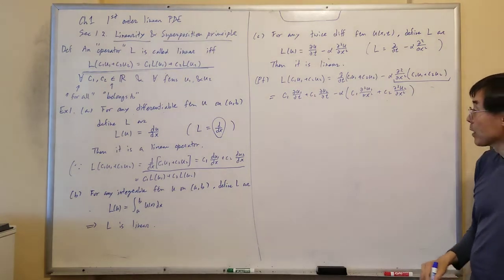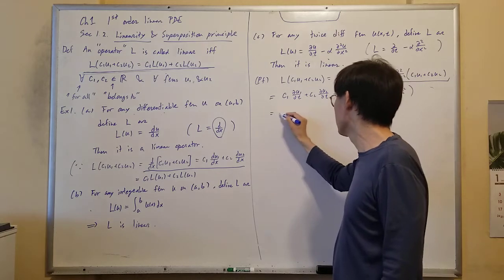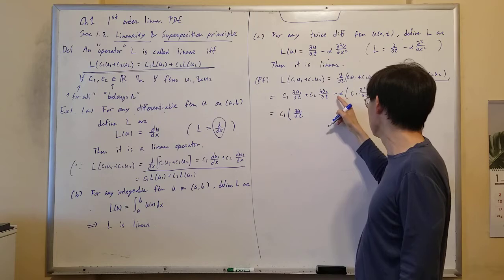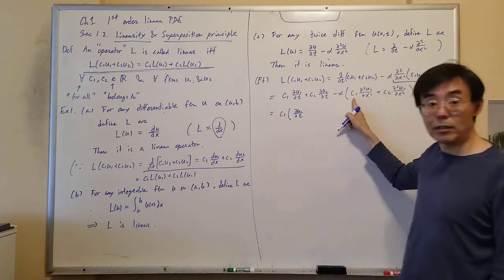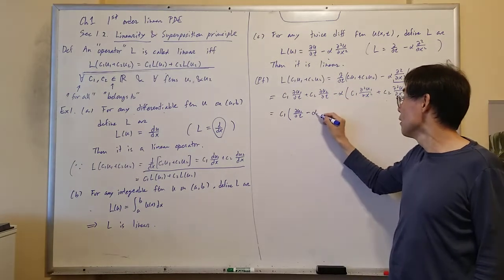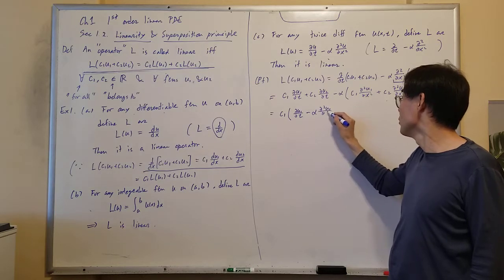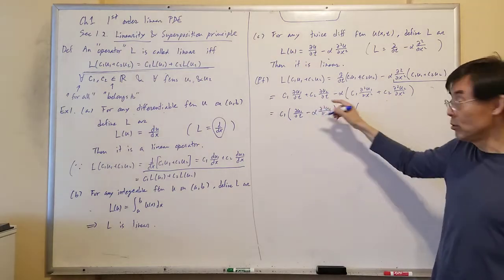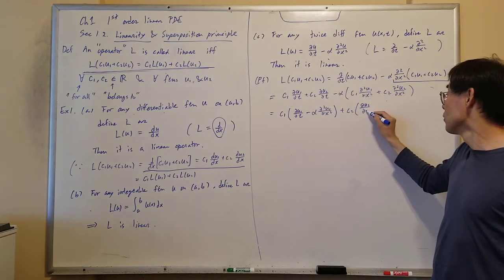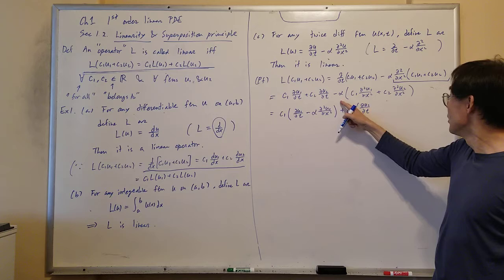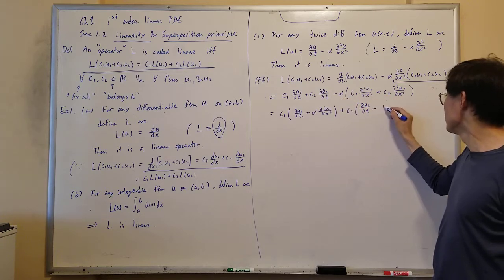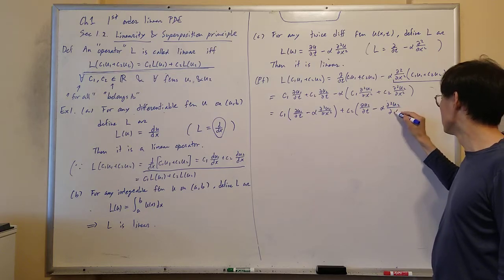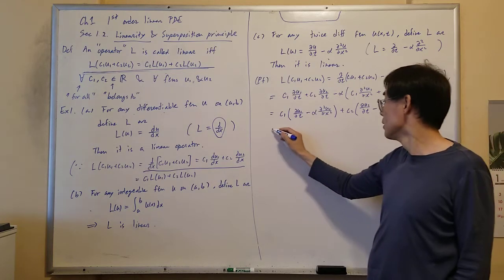And then I can collect C1 partial u1 partial t, minus alpha, and factor out C1, partial squared u1 partial x squared. Factor out C2, and partial u2 over partial t, minus alpha times this. So what is it?